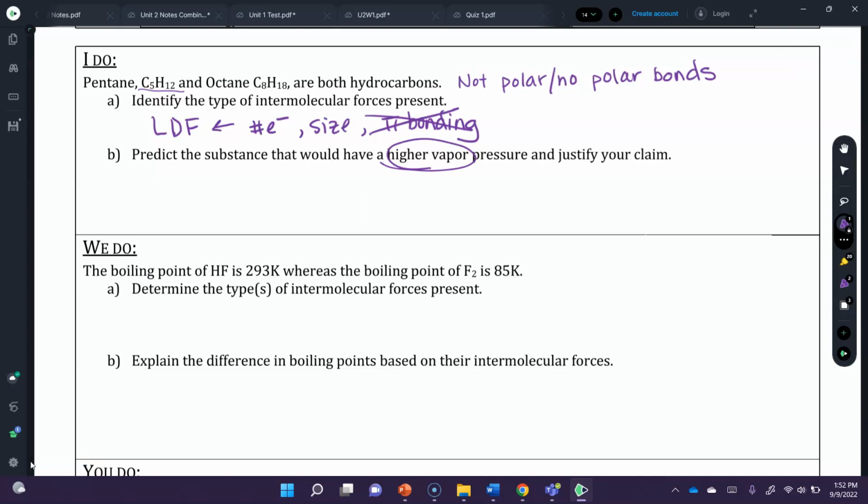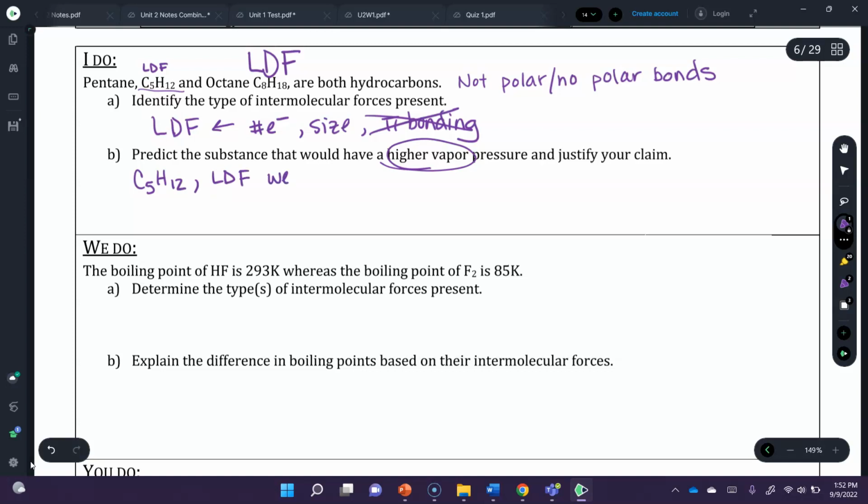The one with more electrons and the bigger molecule will have greater London dispersion forces. That means octane has really big London dispersion forces because it has more electrons and it is bigger than pentane. So pentane we would expect to have a greater vapor pressure, so the London dispersion forces are weaker.